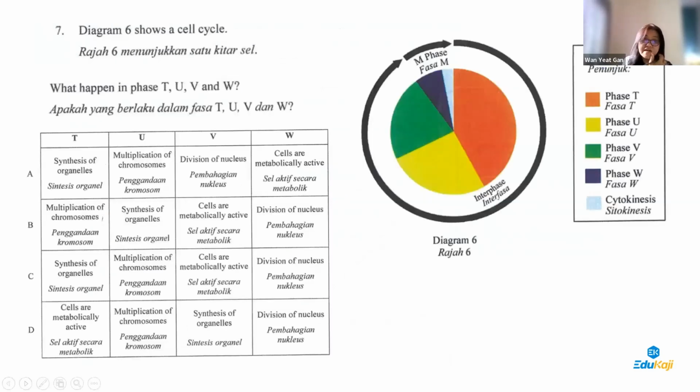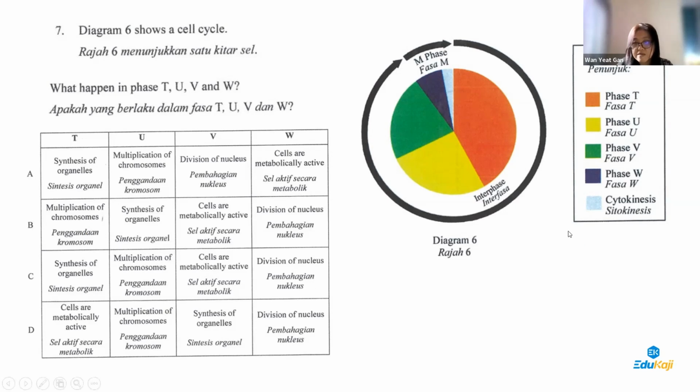Okay, question 7. Diagram 6 shows a cell cycle. What happened in phase T, U, V, and W? Okay, sorry, there's an indicator here.